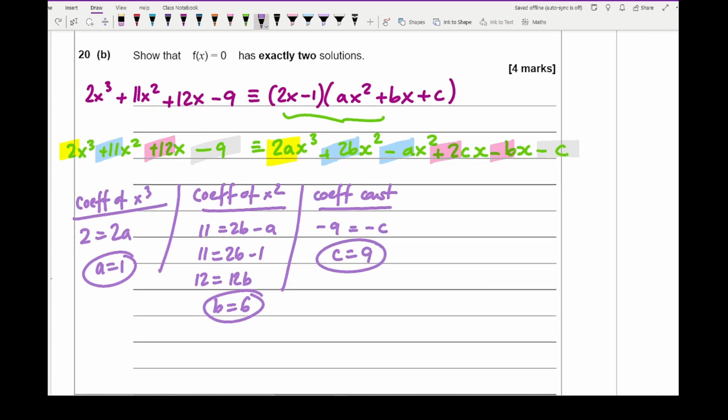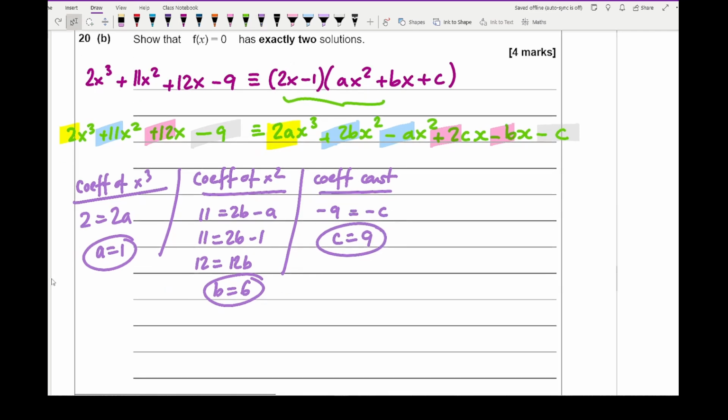So if I substitute those values of a, b and c, let me just change this to a yellow, what I end up with is 2x minus 1 in one bracket, and x squared plus 6x plus 9 in my second bracket.